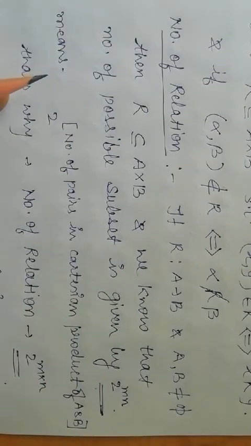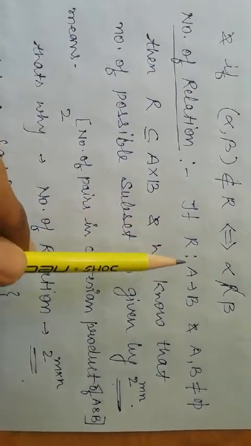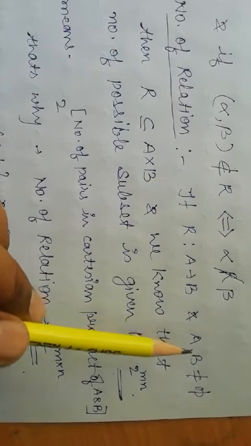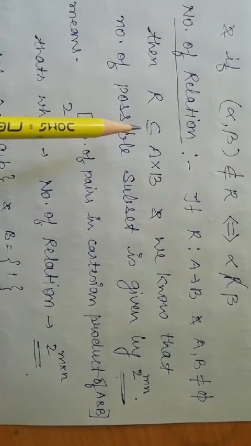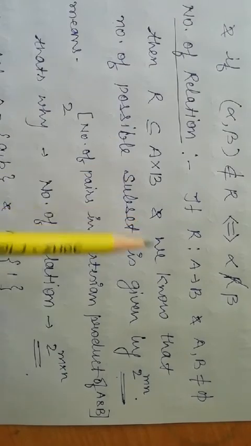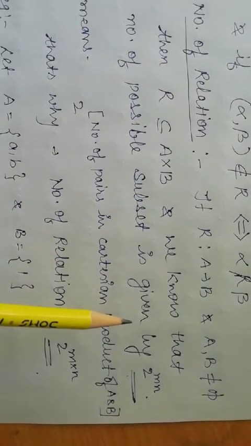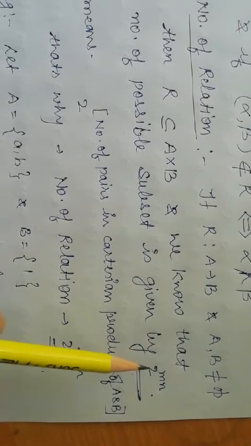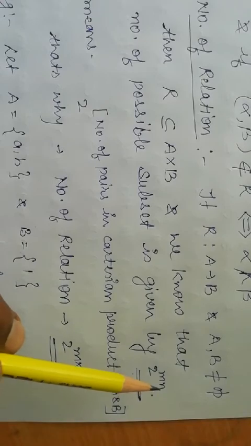And now, the number of relations. If R is defined from A to B and A and B are non-empty sets, then R is a subset of A cross B, and we know that the number of possible subsets of a given set is given by 2 raised to m multiplied by n.